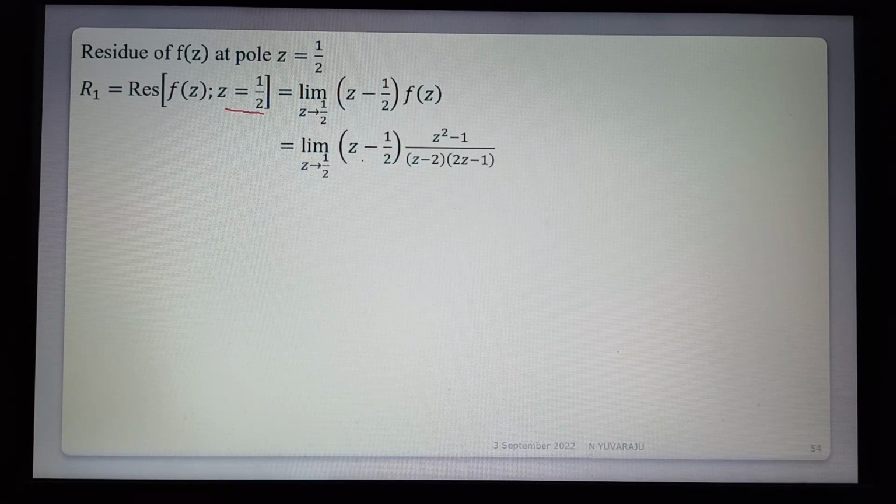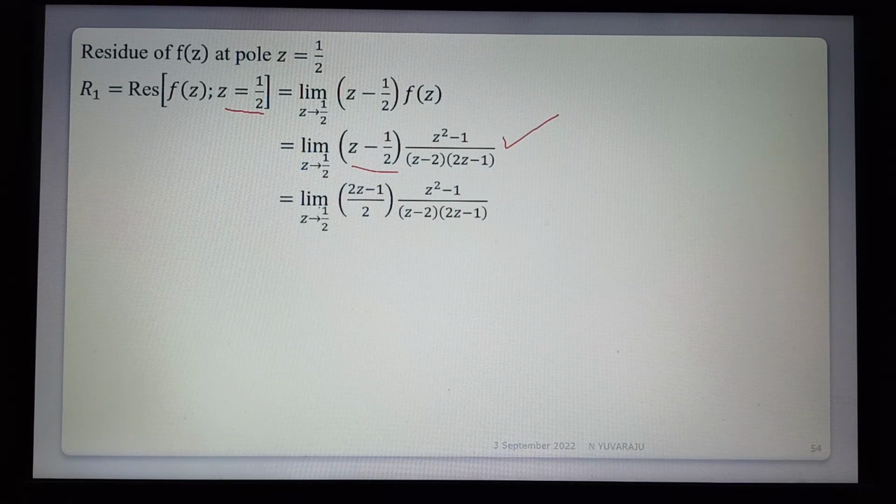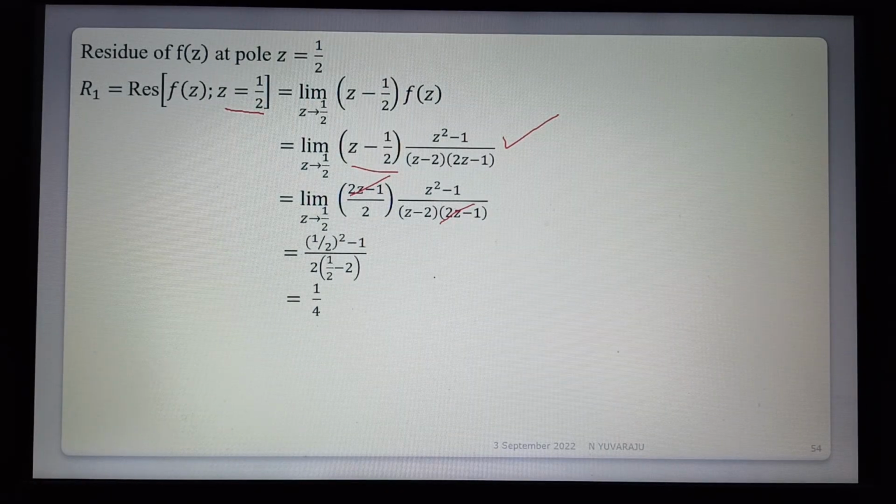So limit z tends to 1/2 of z minus 1/2, this is the f of z function. So limit z tends to 1/2, 2z minus 1 by 2 LCM. So 2z minus 1 and 2z minus 1 cancel. Remaining, z is equal to 1/2 replacing. So that is 1 by 2 whole square minus 1 by 2, into 1 by 2 minus 2. Okay, simplification: 1 by 4.